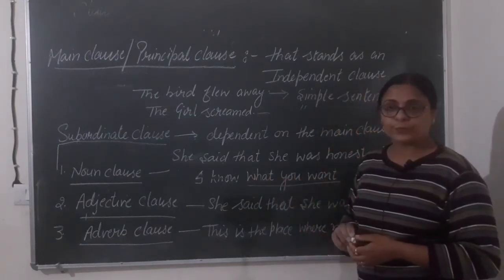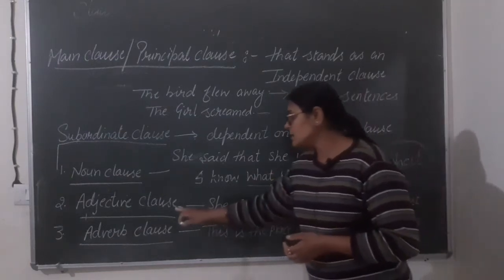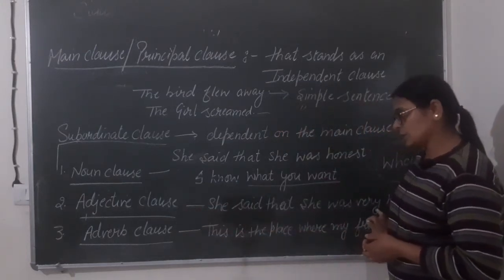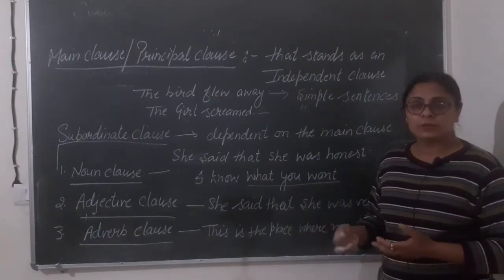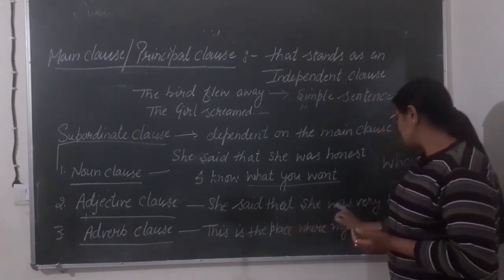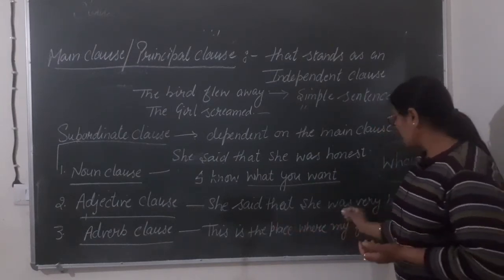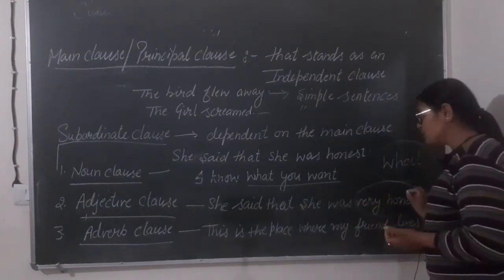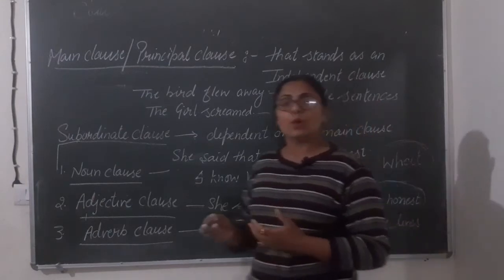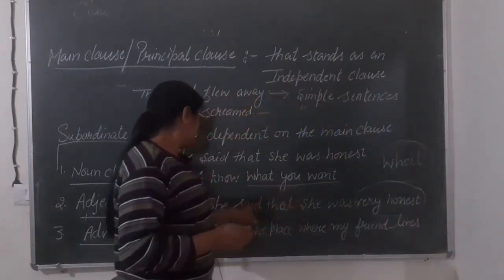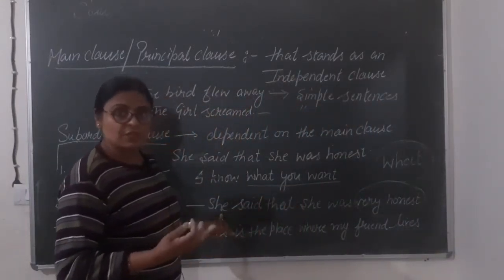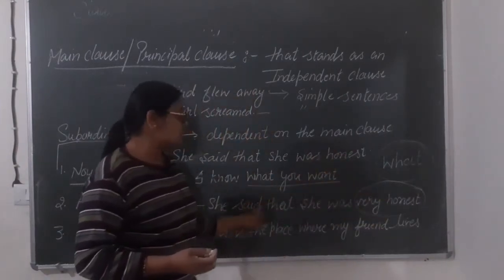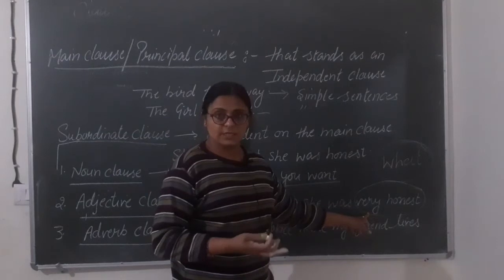Second is the adjective clause. She said that she was very honest. Here, what is the adjective? Very honest. It is telling us the quality of the noun, that is she, our subject. So it is qualifying the noun she. It is working as an adjective here.